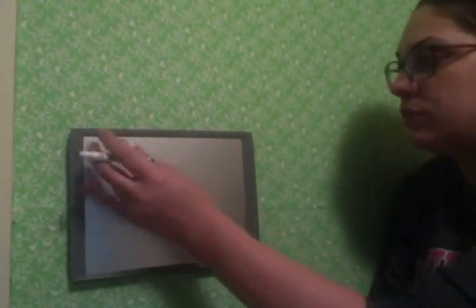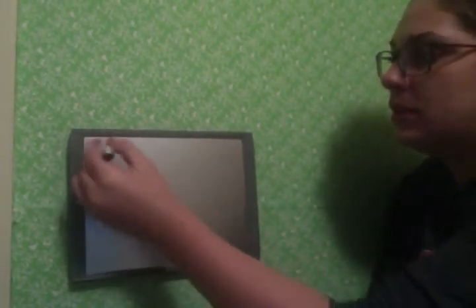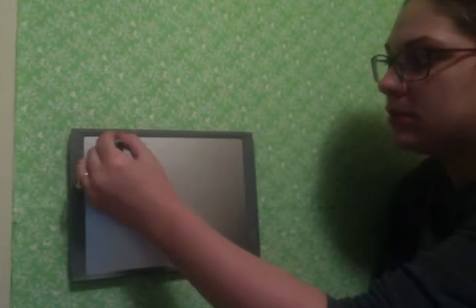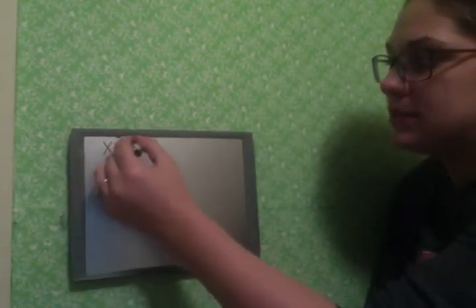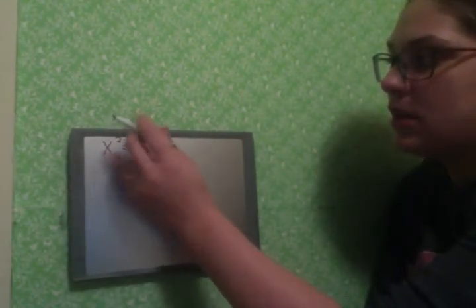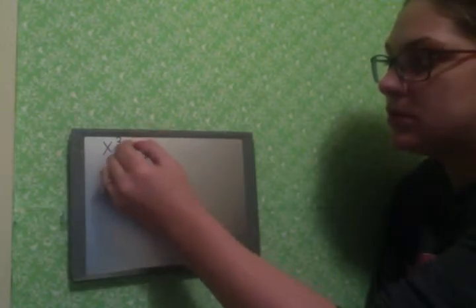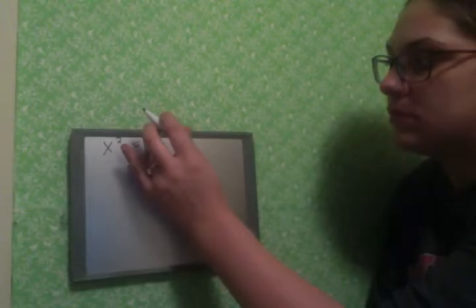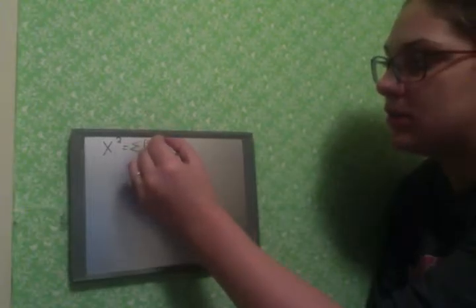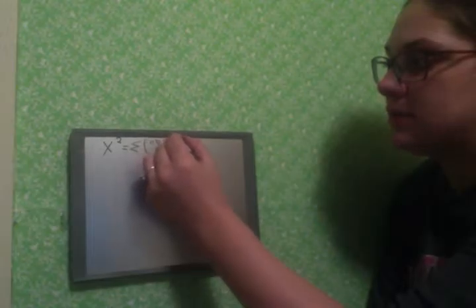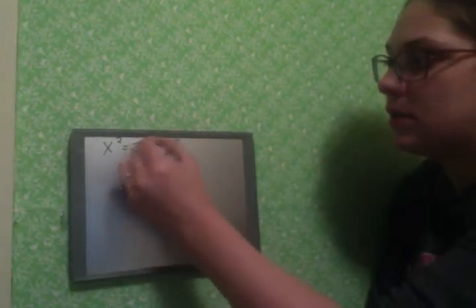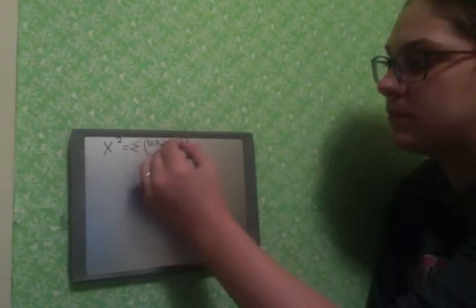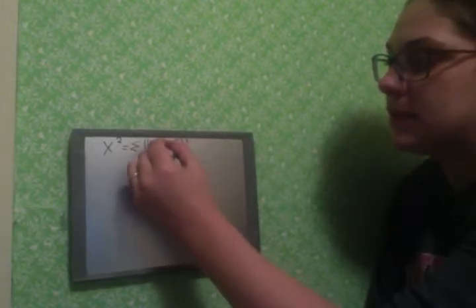So chi-squared is the summation of the observed minus the expected, and you square that, and that's divided by the expected.